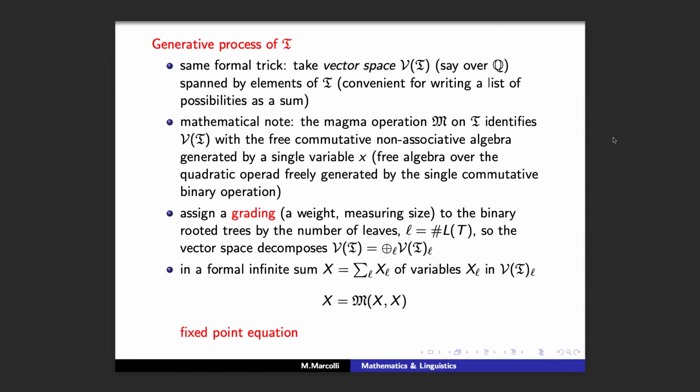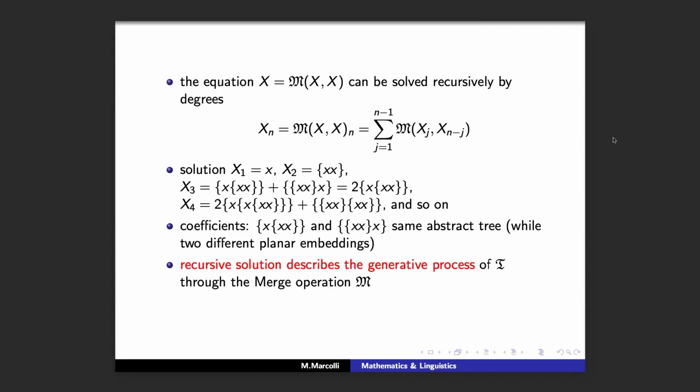The reason why I'm saying that I'm doing this is because if I want to solve this equation for these variables, of course I see that this is going to be recursively defined in terms of lower degree terms. And so I basically have exactly all the terms of my magma will occur. And of course, several of them will be the same because of the commutativity relation.